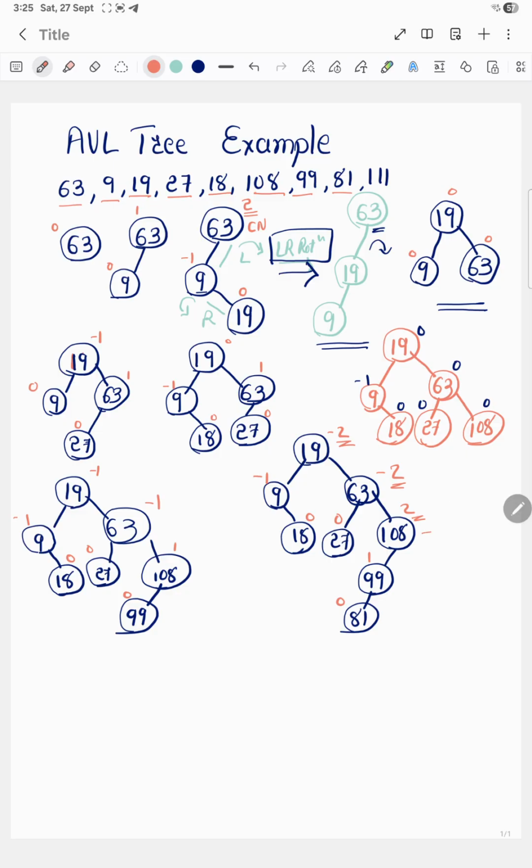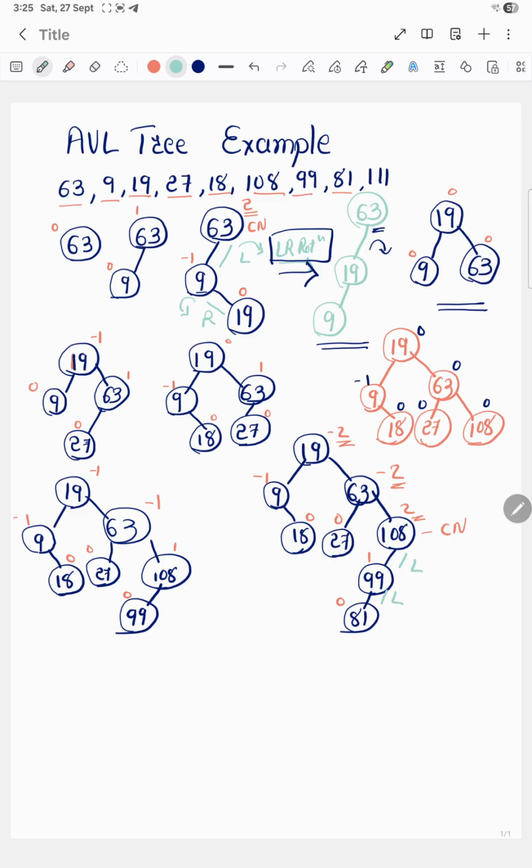So in this situation, this 108 is your critical node, right? Now you need to check to which side of your critical node the newly added node is added, and you need to check the 2 levels only, right? So here, as you can see, it's towards the left of left.